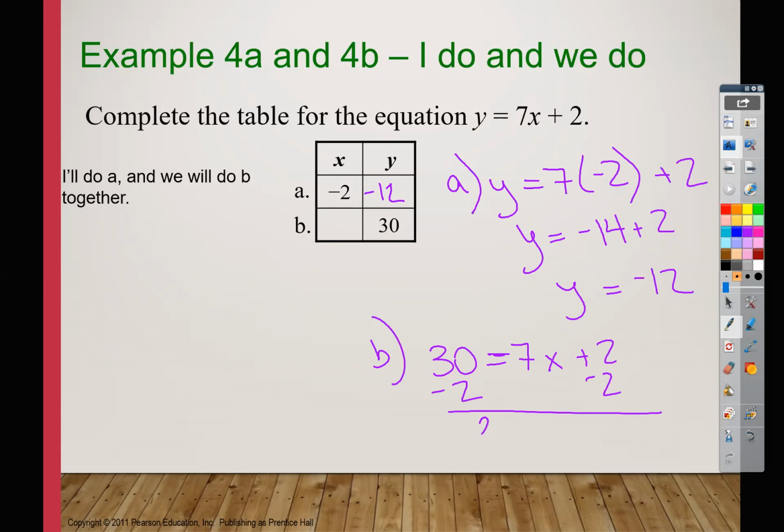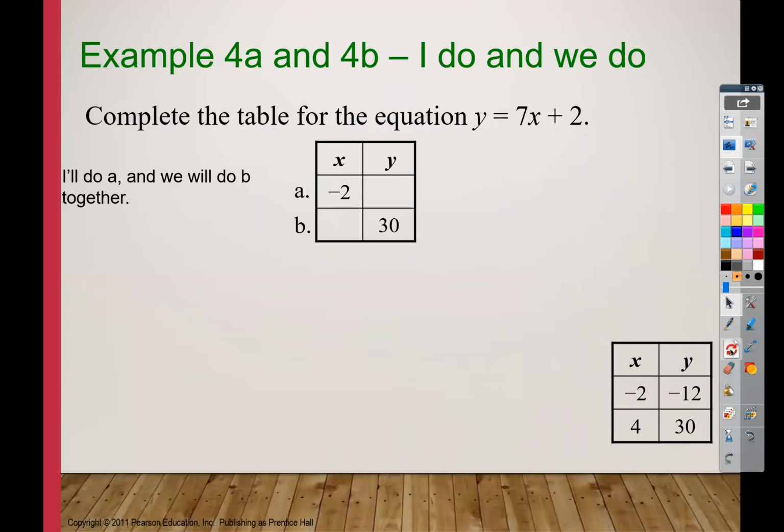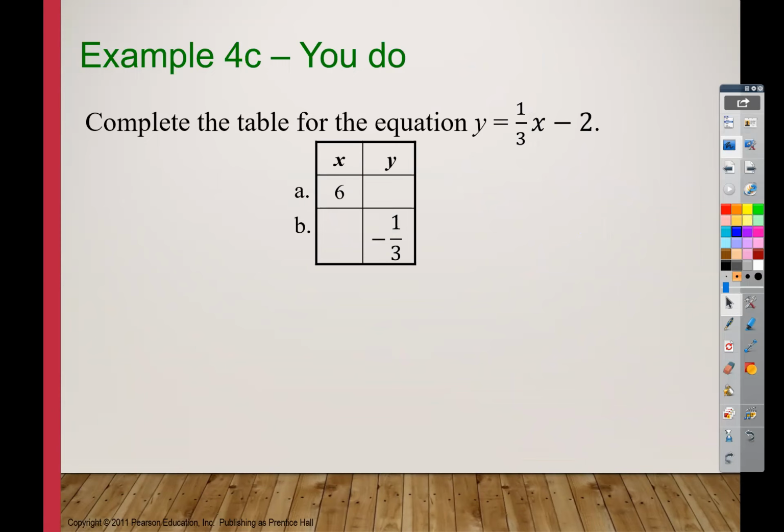Subtract the 2 from both sides and divide by 7, and you get x equals 4. That is how you complete the table. And you see we got the right answer. Okay, C, go ahead and pause the video and you try this one. And that should be your answer at the bottom.